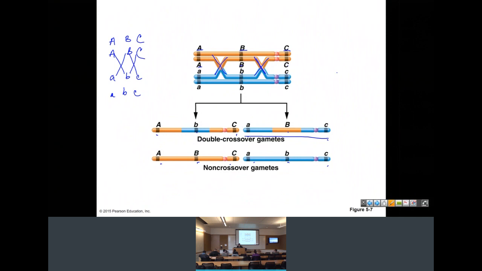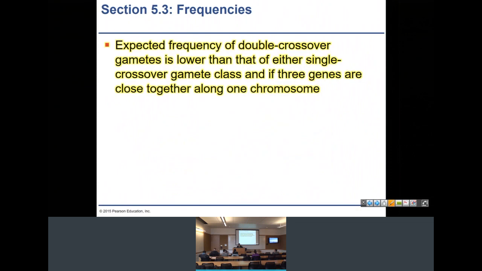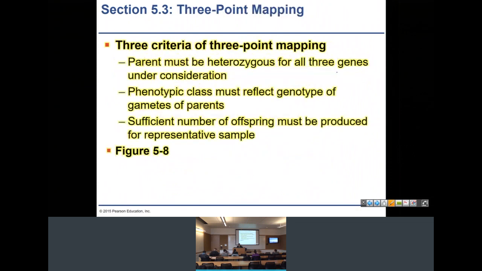Okay, visual, is it good? I already told you that a double crossover occurs less frequently than a single crossover.